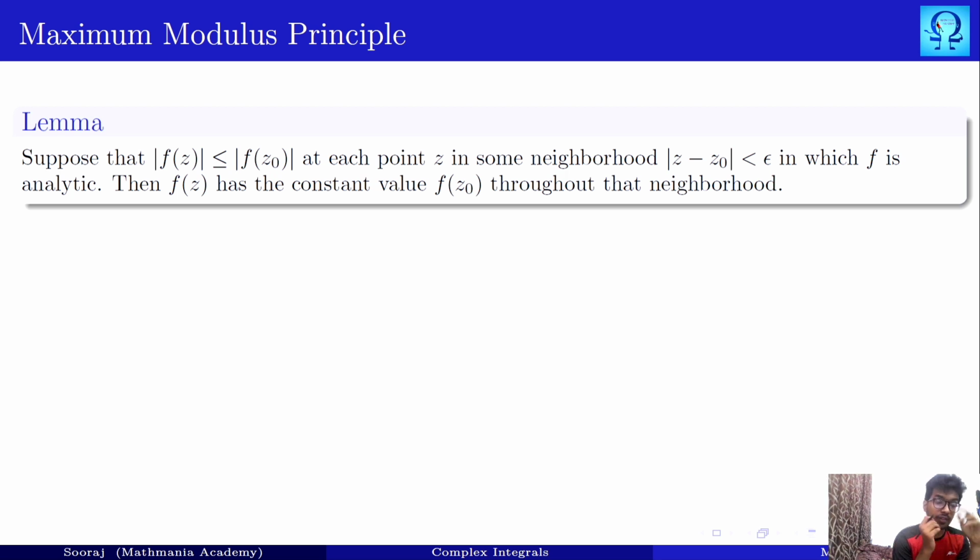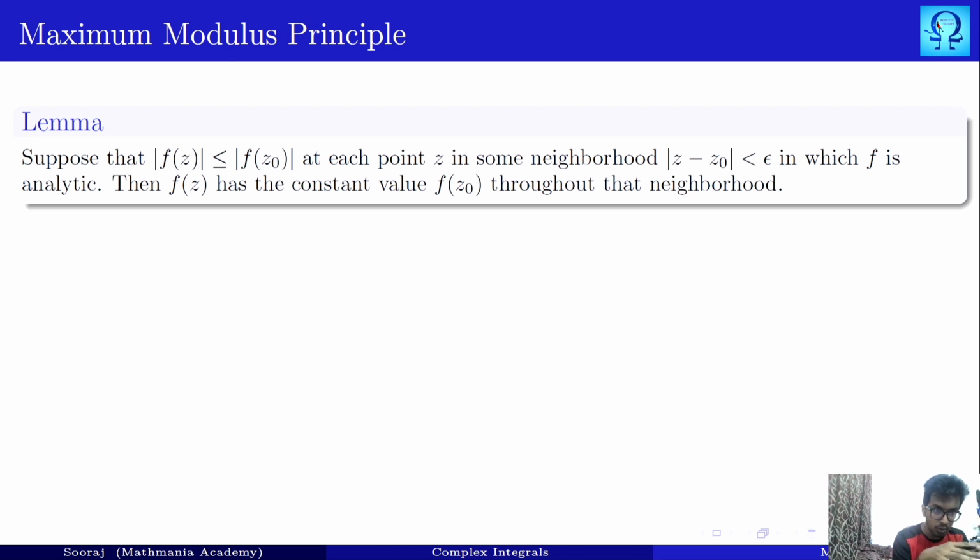Suppose that absolute of f of z is smaller than or equal to absolute of f of z naught at each point z in some neighborhood of z naught with epsilon radius. That neighborhood has to be taken in such a way that the function f is analytic inside it, since for analyticity we need some neighborhood in which differentiability is preserved. Here z naught is a fixed point around which you have taken the neighborhood, and analyticity is present at that point as well.